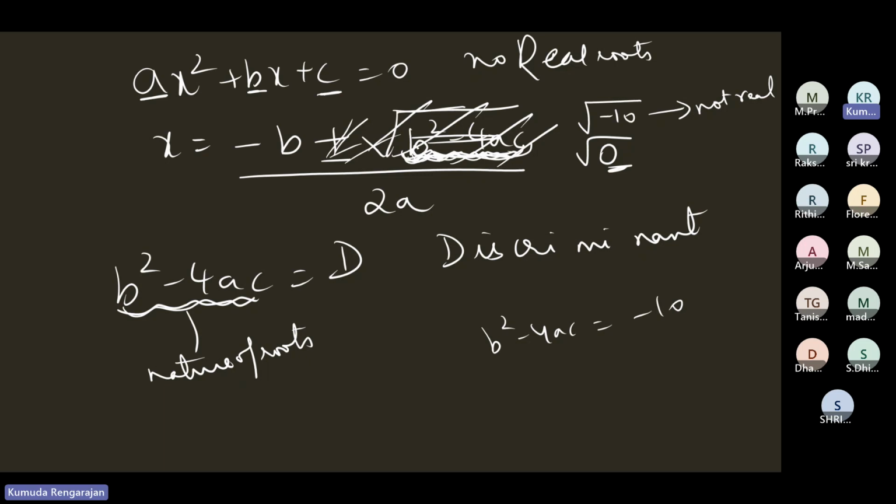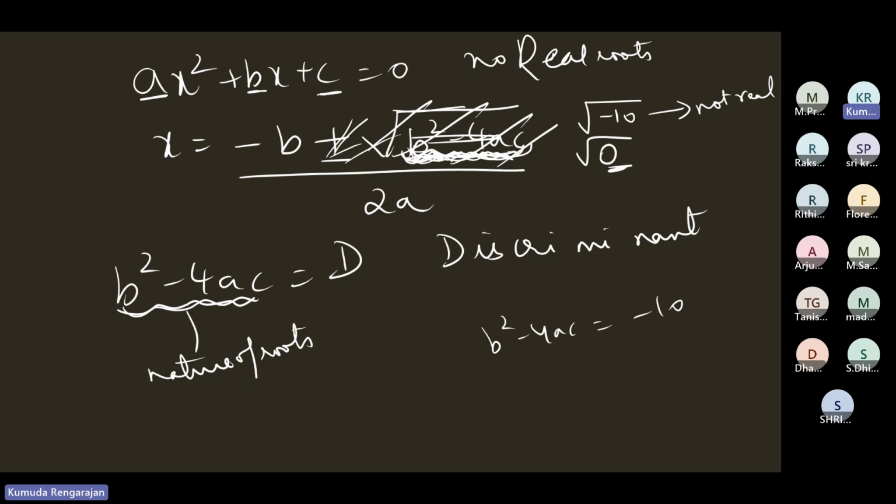See, the value of b square minus 4ac, that is the value of the expression under the square root, can be negative, 0 or positive. If it is negative, the quadratic equation has imaginary roots.